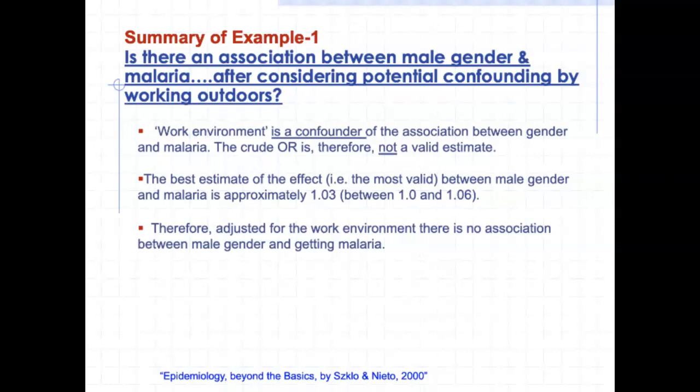When I adjust, I observe a measure of association of 1.03, and 1.03 is essentially 1. So after I adjust for working outside, I see that there really is no association between male gender and malaria status. Working outside confounded that relationship, so I have to adjust. I have to take into account that working outside variable in order to try and remove that bias from my research results.